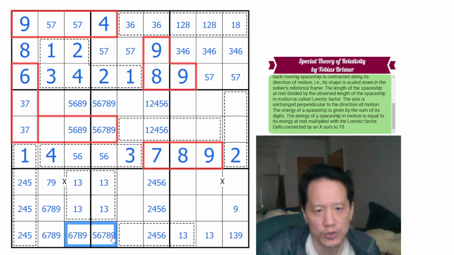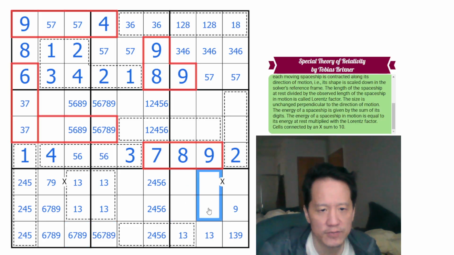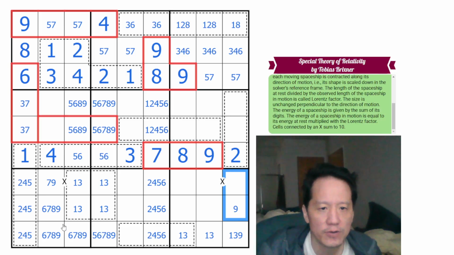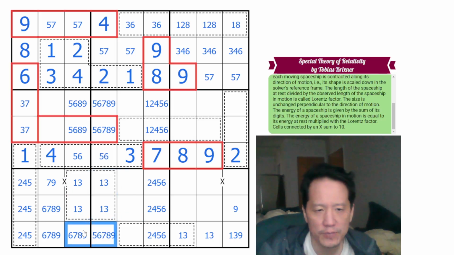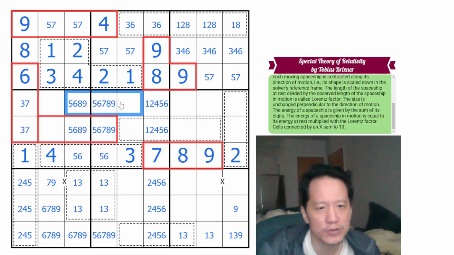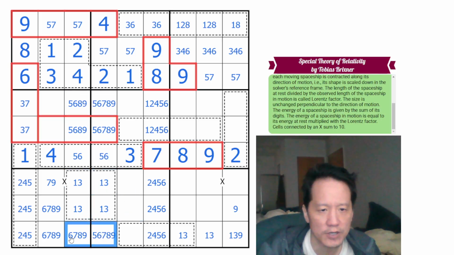We're not sure which. So the possibilities for this spaceship are either here, here, or here as 7, 9. We're not sure which, though.